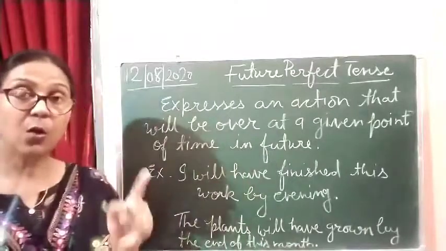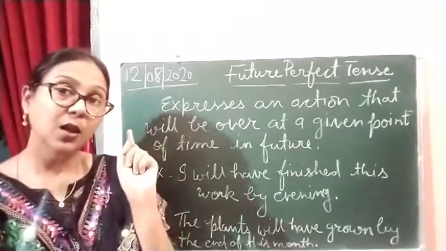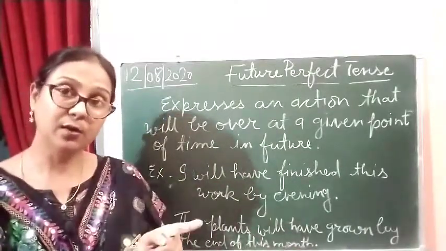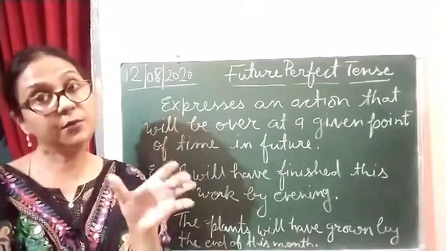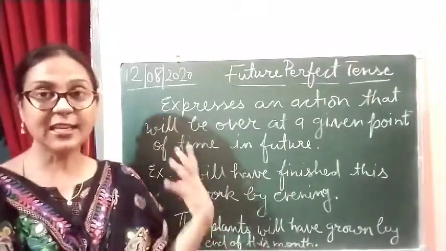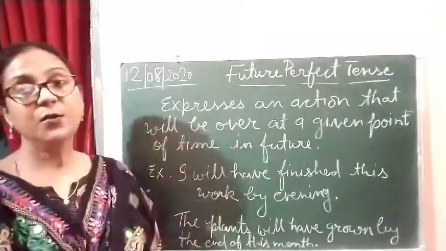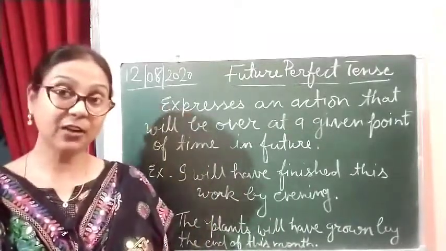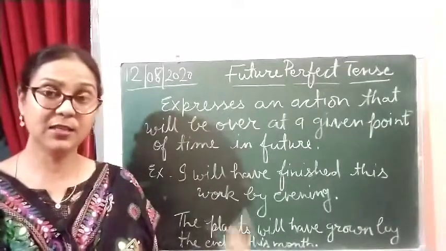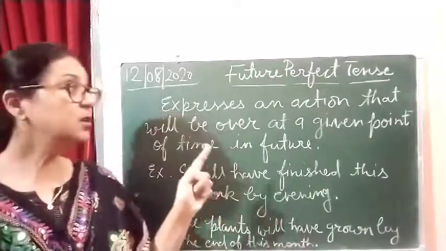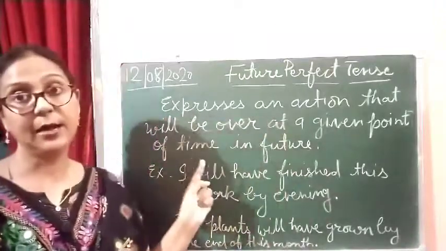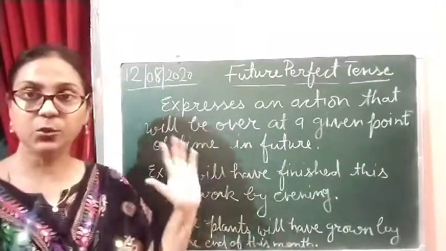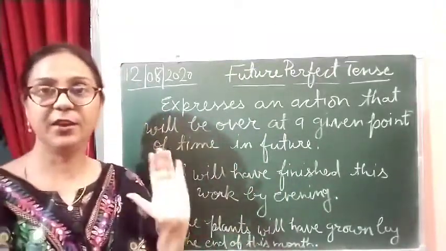The work or action is going to be over at a particular point of time in future. That is expressed by the future perfect tense. We have to always remember this definition: an action that will be over at a given point of time in future is shown by the future perfect tense.